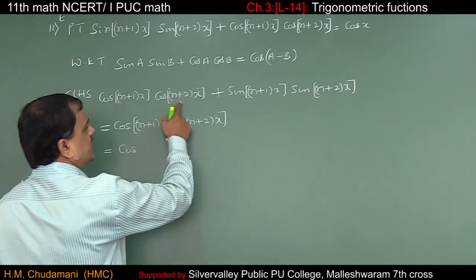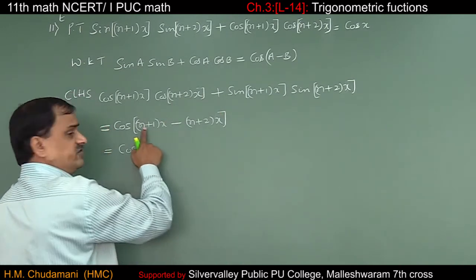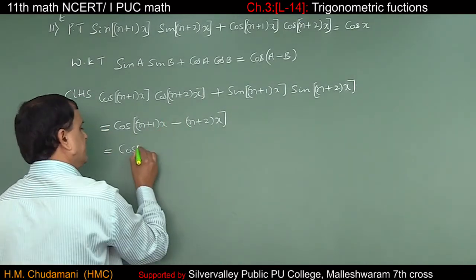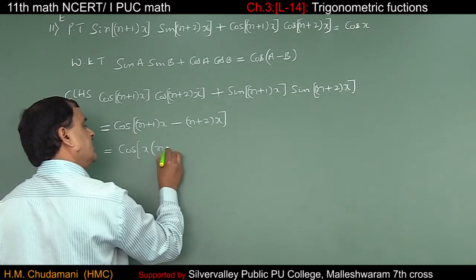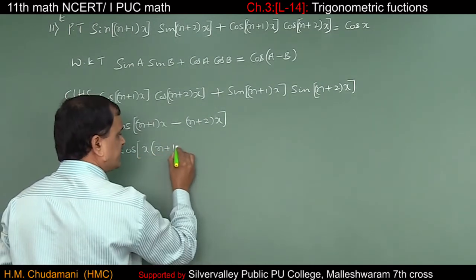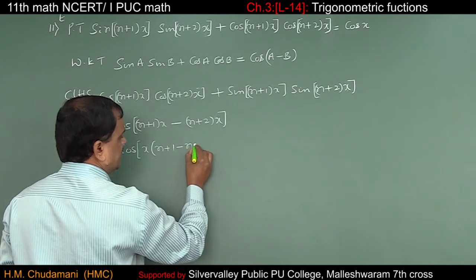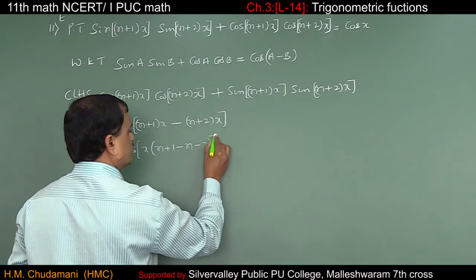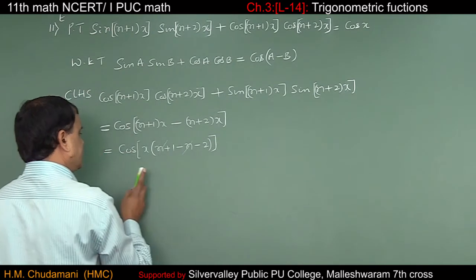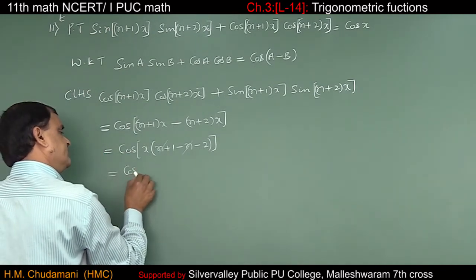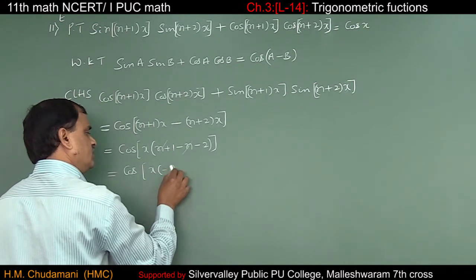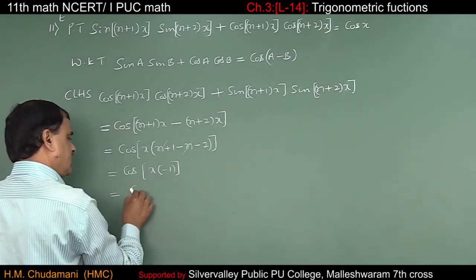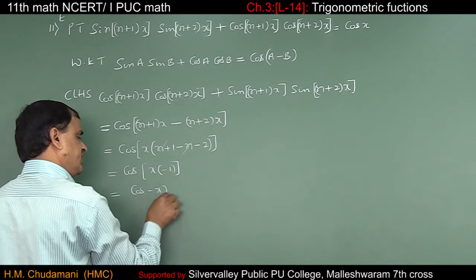So cos A cos B plus sin A sin B means cos of A minus B. Here I just take x common: (n plus 1) minus (n plus 2), that is minus n minus 2 plus n minus, n gets cancelled. This is cos of x into minus 1, 1 minus 2, means cos of minus theta.